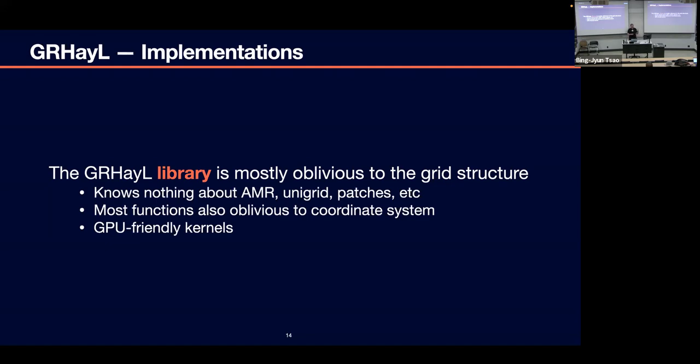You can think of these functions as pretty much a replacement for, if you know CUDA programming, a device type of function that you can just call from the GPU with no problems at all. We don't do any memory allocations or deallocations. Everything is super simple. Even though GRHayL doesn't fully support GPU yet, we do not see any issues in adding that support, and in fact, we have plans for that.